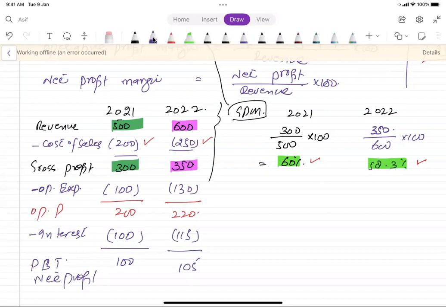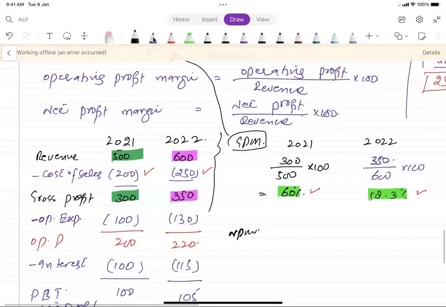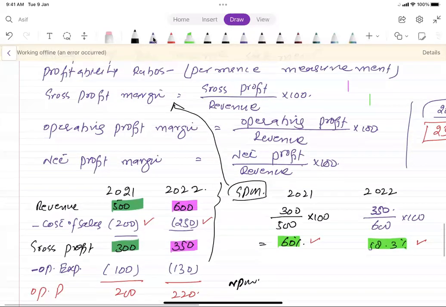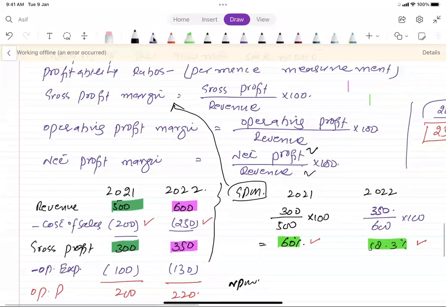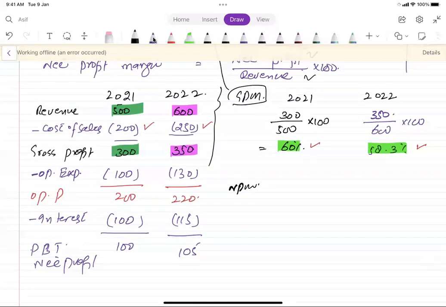But if we calculate the net profit margins, that will be the formula: net profit over revenue multiplied by 100. Putting the formula, 100 over 500 multiplied by 100, and then 105 over 600 multiplied by 100. What is the answer in both cases, Hamza? 100 over 500 multiplied by 100, the answer is 20%.